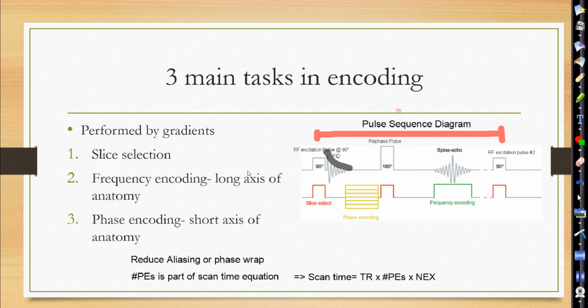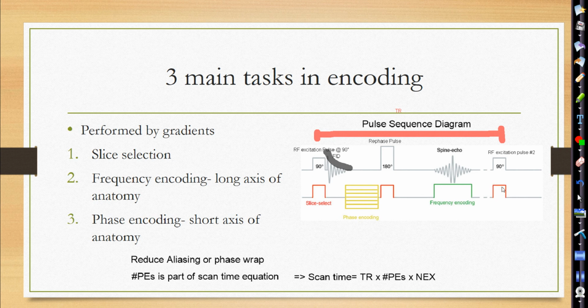But going back to slice selection, our slice select gradient here in red is being turned on anytime we have one of these RF pulses turning on. So if you see that on a pulse sequence diagram, you'll always notice that your slice select gradient turns on at the exact same time as the 90, 180, and 90. You see that?